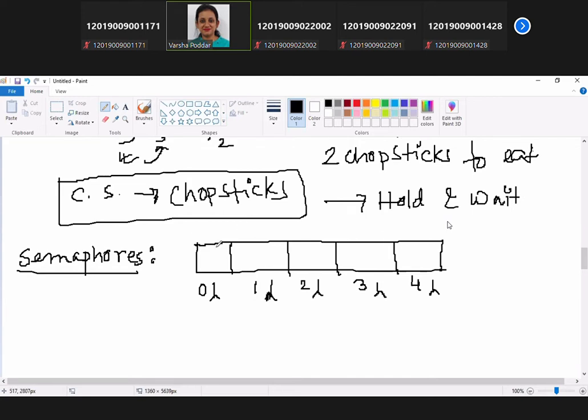Suppose at the beginning, everyone is in wait state; understand it very well.